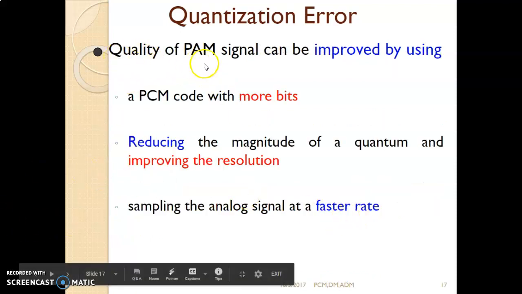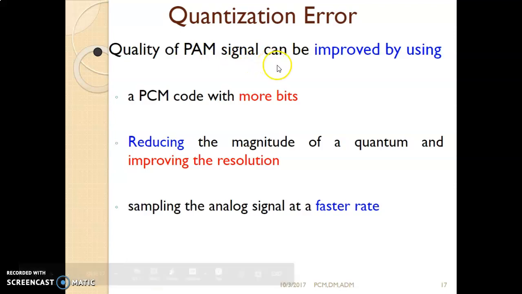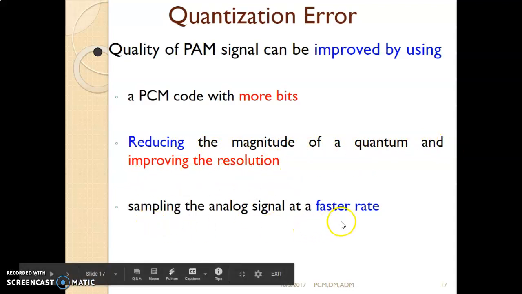The quality of the PAM signal, meaning the quality of the samples, can be improved by using a PCM code with more bits, or you can reduce the magnitude of the quantum and improve the resolution, or you can sample at a faster rate.